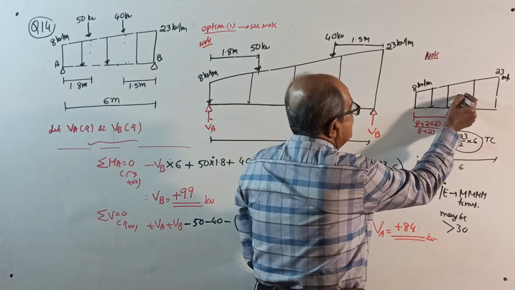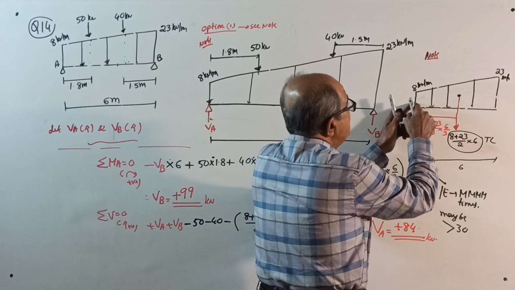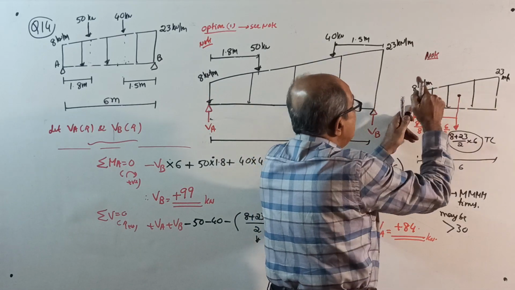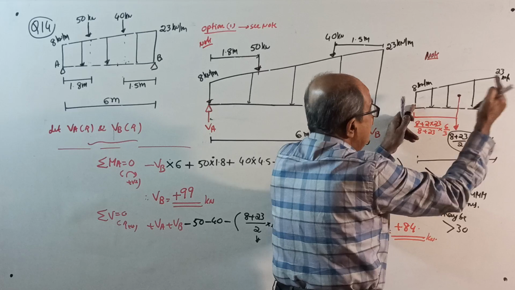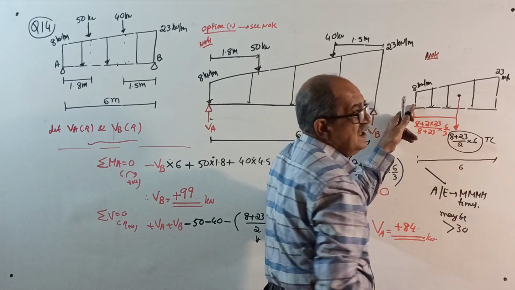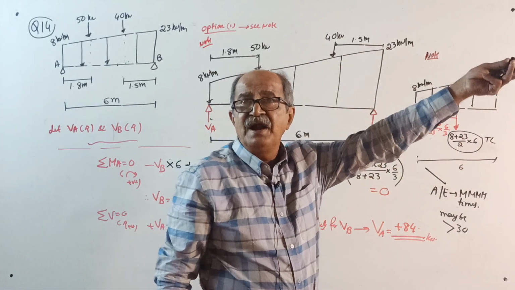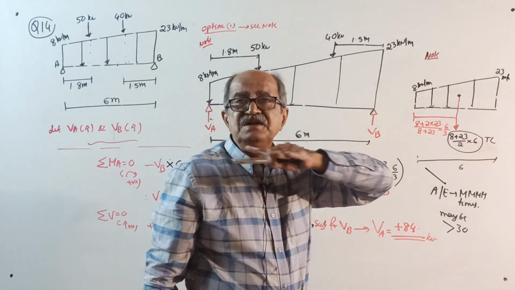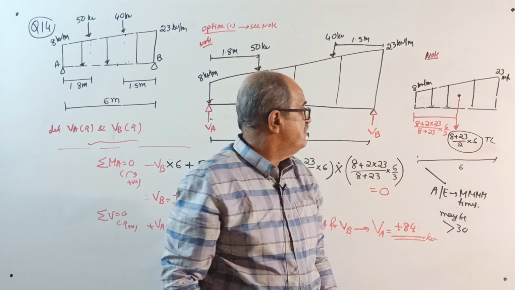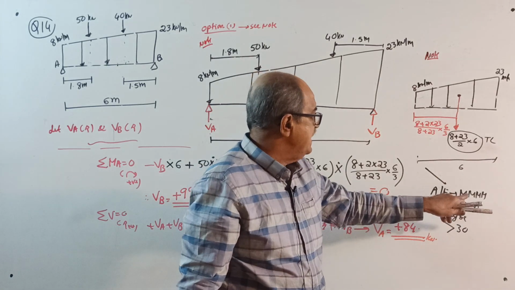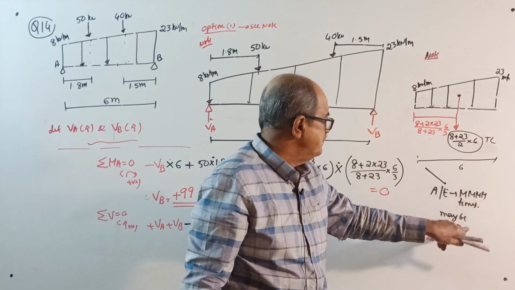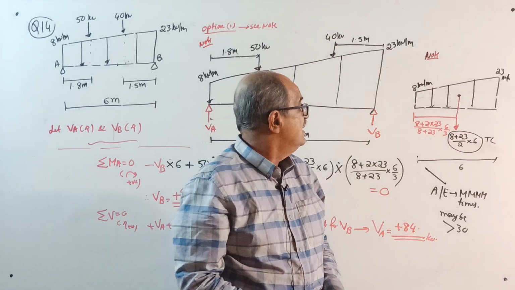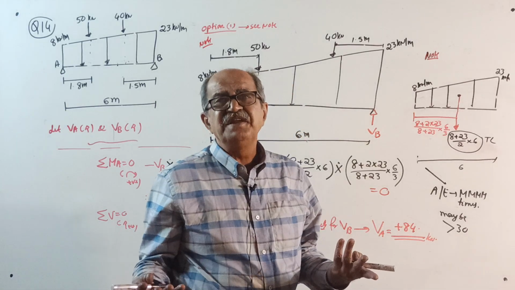And centroid is from here 8 plus twice of 23 divided by 8 plus 23 into 6 by 3. This side plus twice of that side divided by this side plus that side into distance between the two sides divided by 3. Already explained many times, maybe more than 30 times. Still, see, teacher's instinct, what to do?